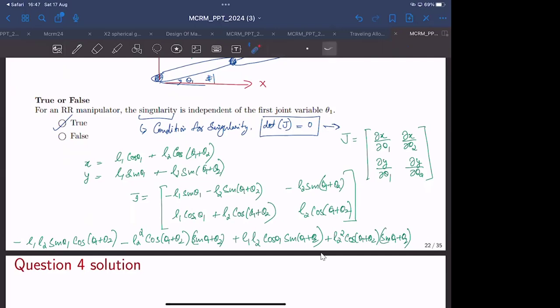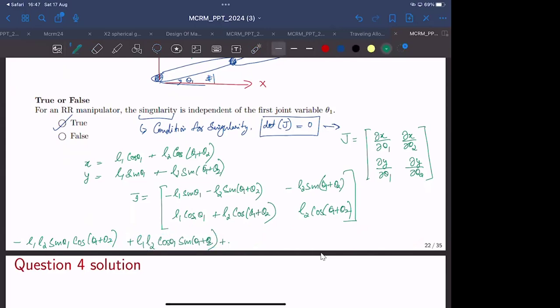So these two terms get cancelled, right? So I'll just eliminate that. Now we only have these two terms.